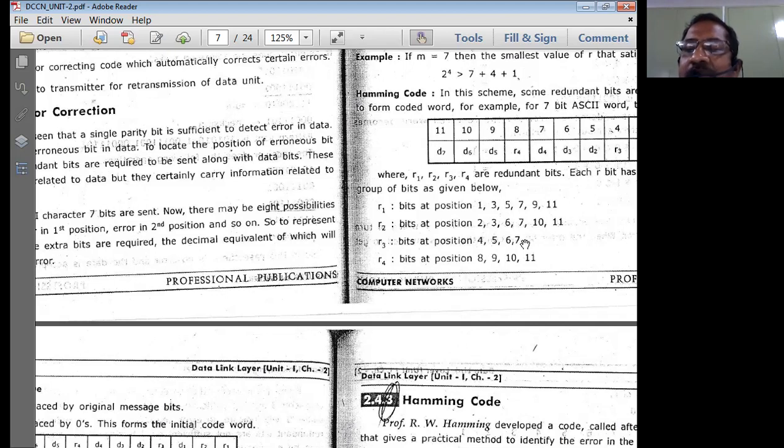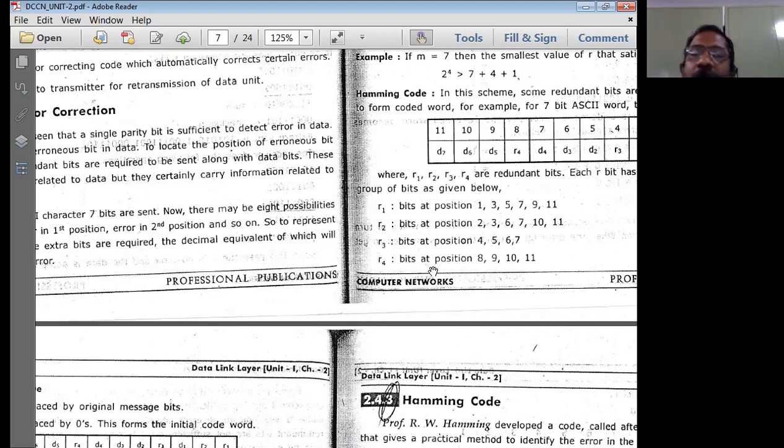From 12 we have to continue, but we have numbers only up to 11. If you had numbers up to 16, then after 7 we would write from 12, because 8, 9, 10, 11 has to be skipped. From 12 you start: 12, 13, 14, 15 you write here.